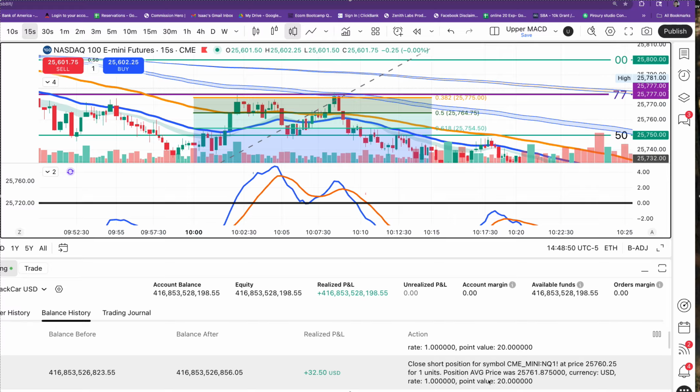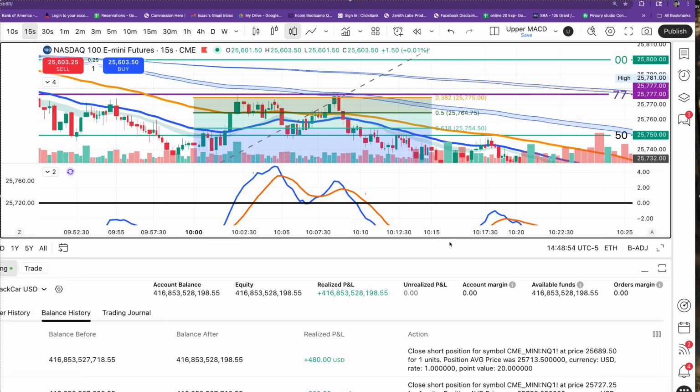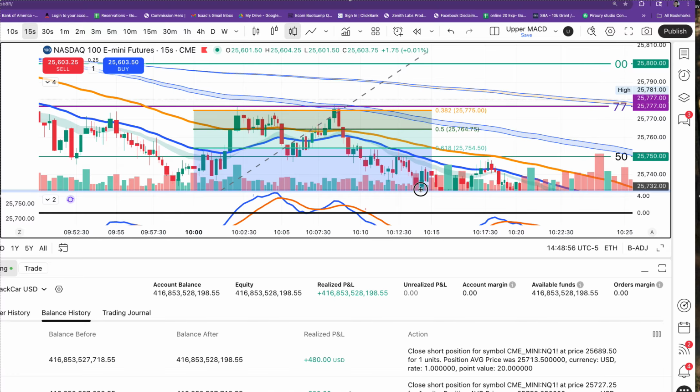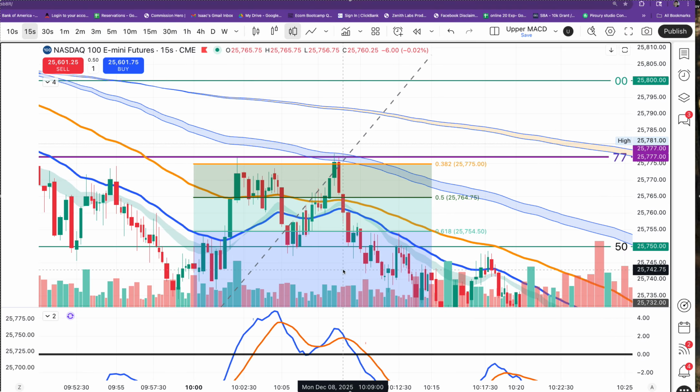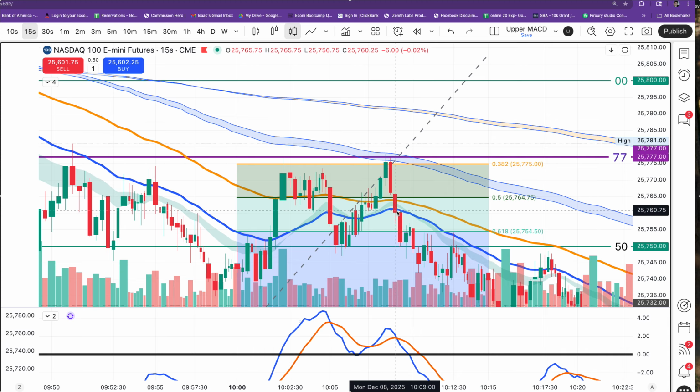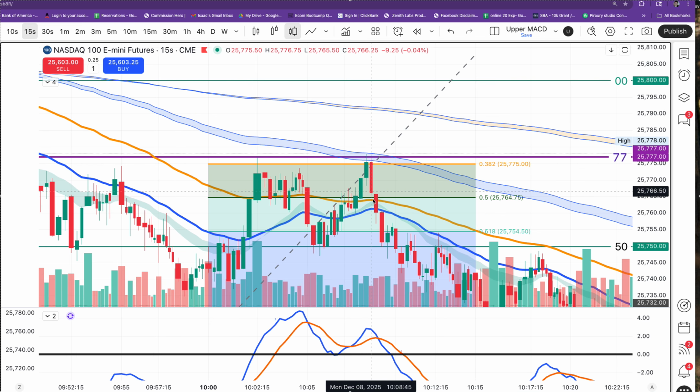The entry on this one was 25,760 and a quarter, which was right here. 25,760 and a quarter was exactly right here. I don't know if you can see that. It's basically the second red candle here.